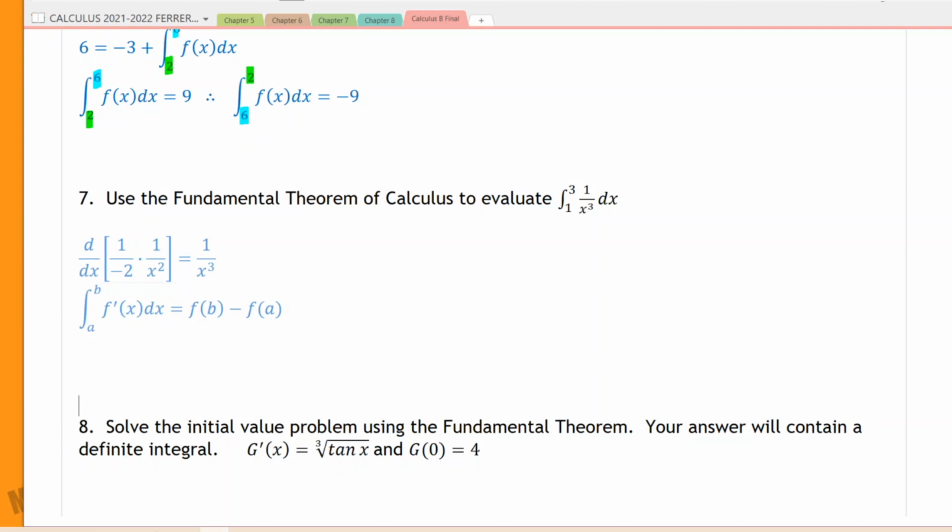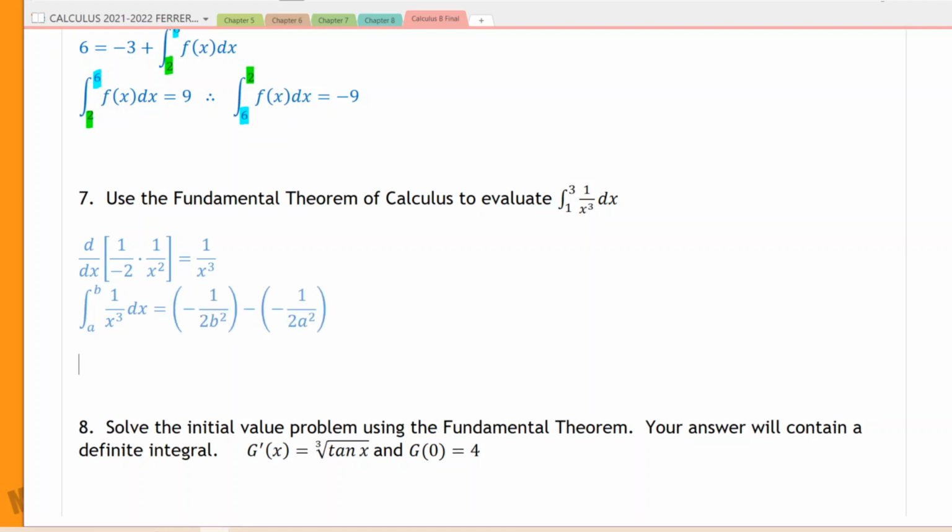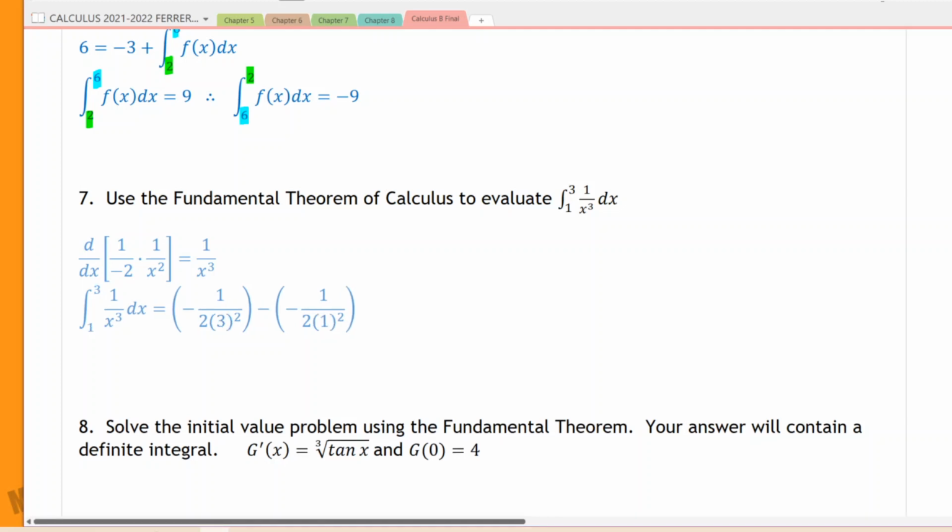So that's going to help us. We can first substitute the derivative part into this, and then we'll substitute the antiderivative. And now that we've substituted our antiderivative and our derivative, we're going to substitute our lower limit and our upper limit. A is 1, B is 3, and then now we're going to have to do some algebra.